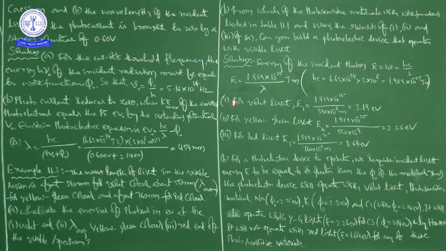So E is equal to 1.989 into 10 to the power of minus 25 by lambda joule meter. This is the energy of the incident photon. E is equal to h nu, that is equal to hc by lambda.